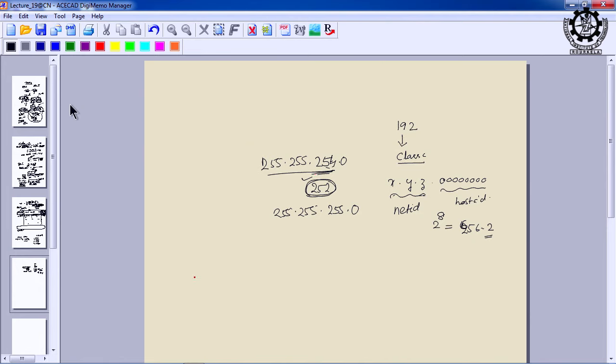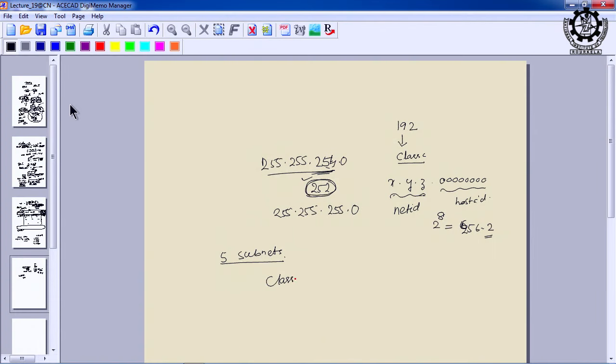Other than this, let us work out a problem now. Let us have an organization having a class C network and it wants 5 subnets. Very easy. A class C organization wants to have 5 subnets.